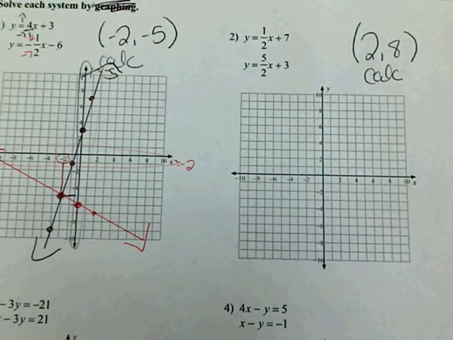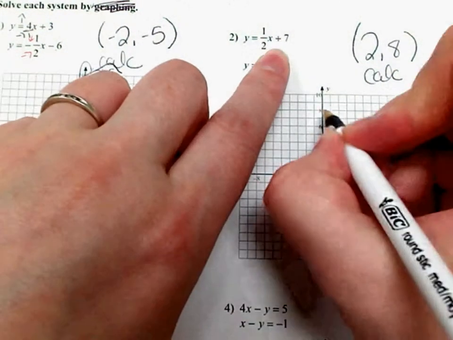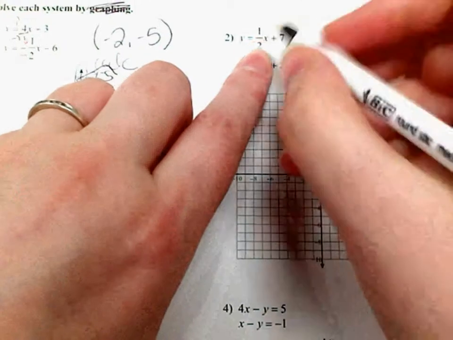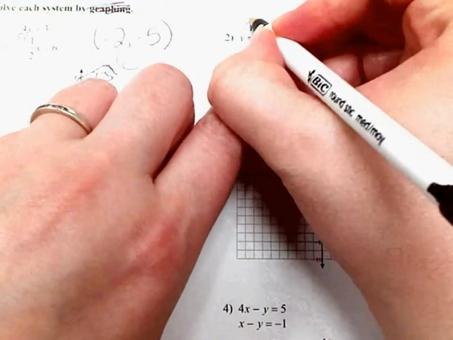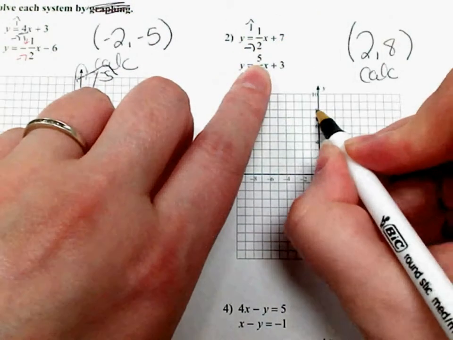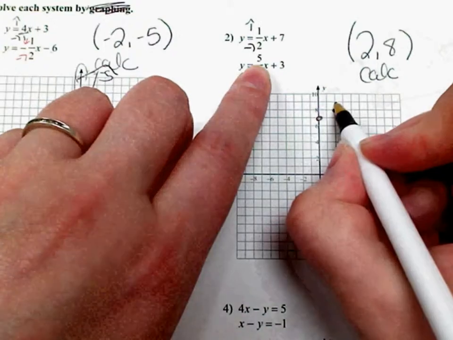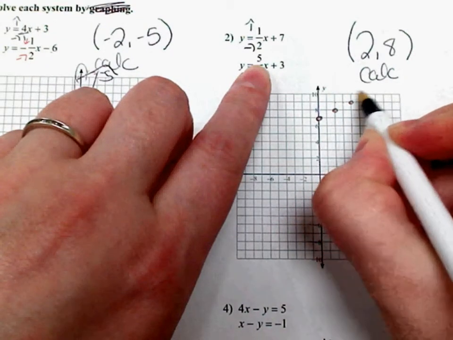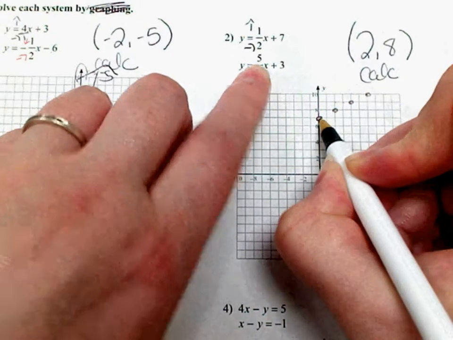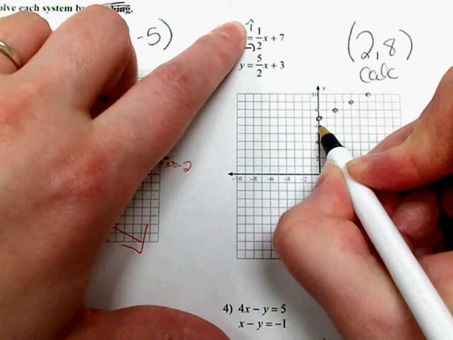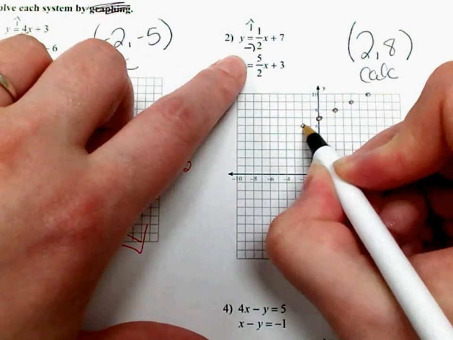There's no partial credit. So here I'm going to go to positive 7 because I want to check. This is a positive, so I'm going to go up 1, forward 2. And this is my first line, so I'm going to do it as many times as I can. Okay, and now I'm going to do the opposite. I'm going to go down 1, backwards 2, and I'm going to do that as many times as I can.